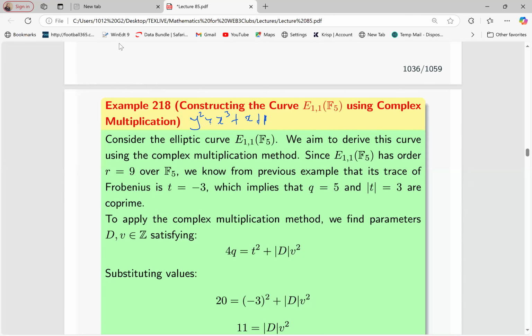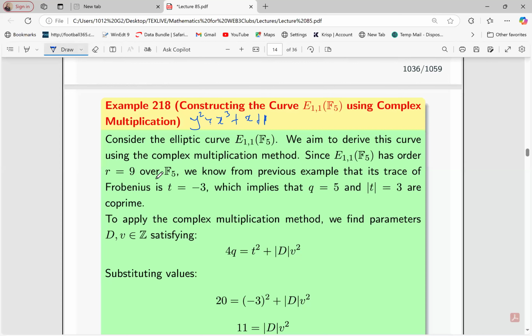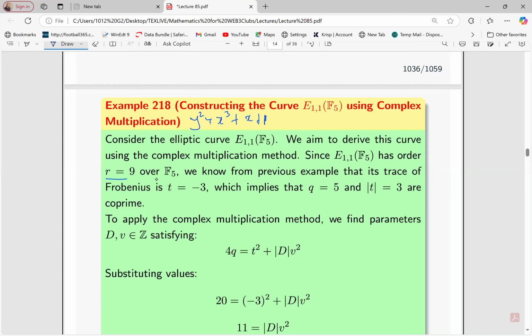The first thing we do is to calculate the trace. We don't know this, we don't know that. We know that we want an elliptic curve on the field F5, and it must have 9 points. So let's calculate the trace as we did last time.